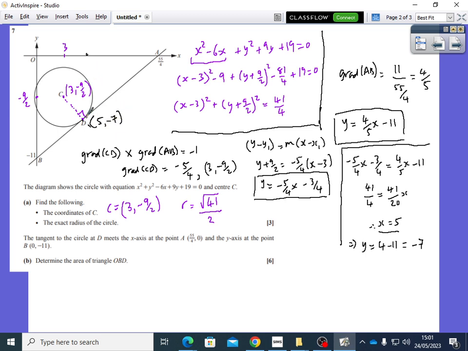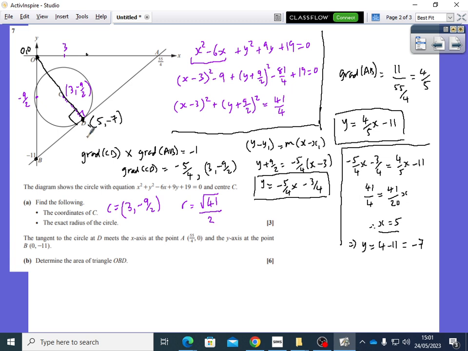Now we've got that point, we've got this point, and this is the origin, the point 0, 0. I can simply draw this triangle because it wants me to determine the area of the triangle OBD. Okay, we know that's going to be perpendicular. Do we know that?